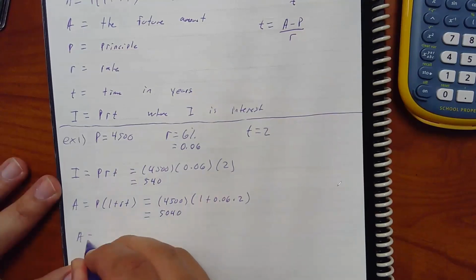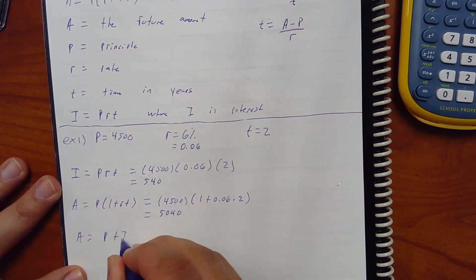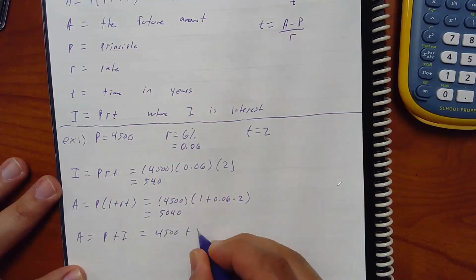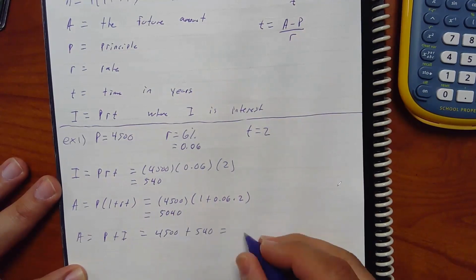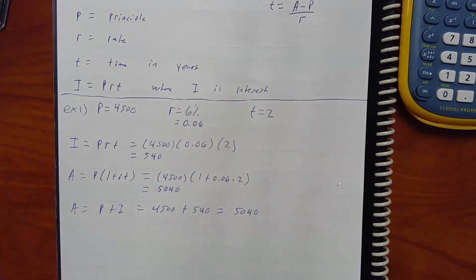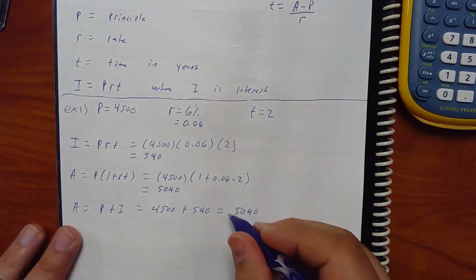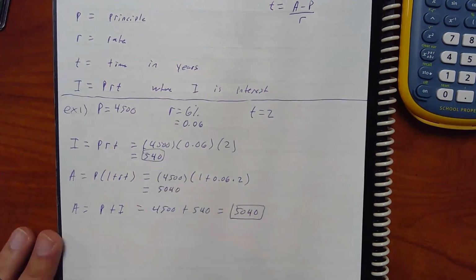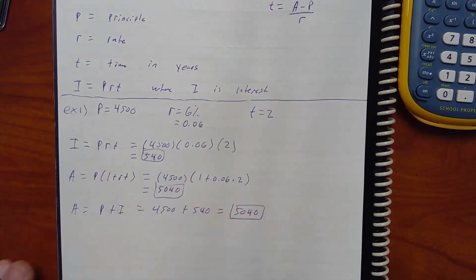So A is also equal to P plus I, which is 4,500 plus 540. Same deal. Anyway, this is the answer they wanted. This is the interest they wanted. Let's do it in two different ways.